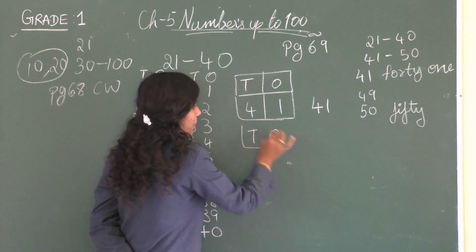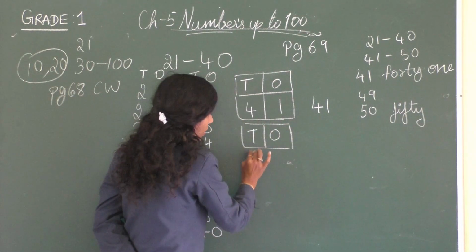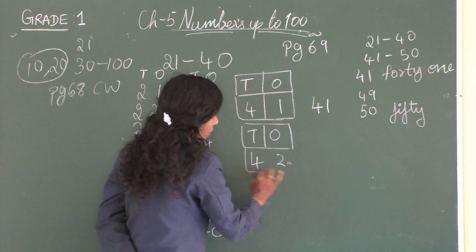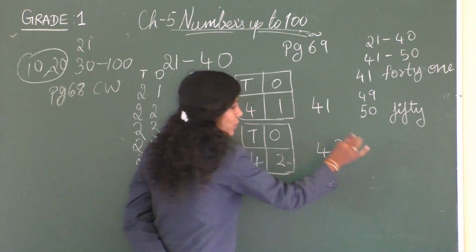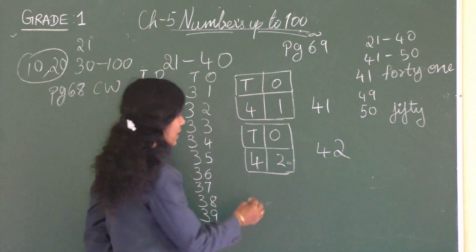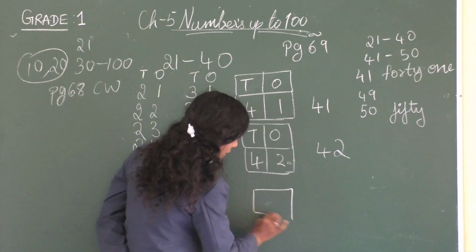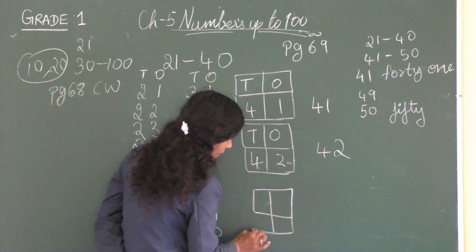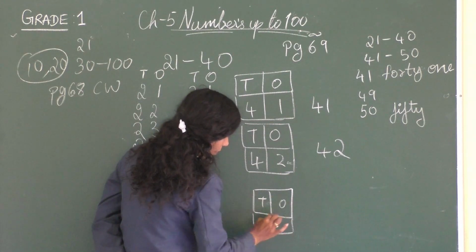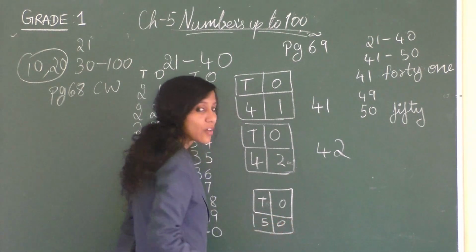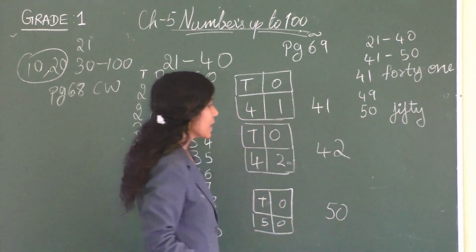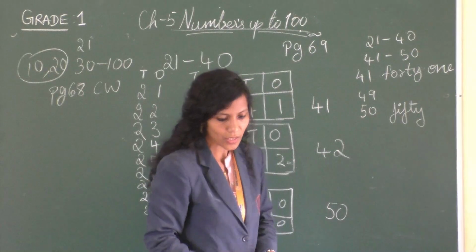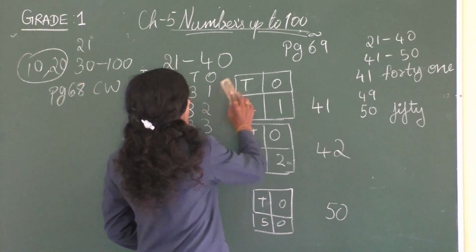The next one would be 42. This will continue till 50. How do you write 50 together? That is 5 and 0. The remaining you have to do yourself.